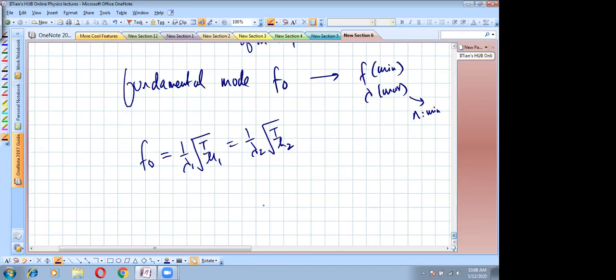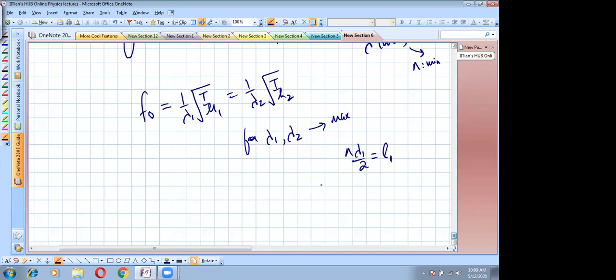For lambda 1 and lambda 2 to be at their maximum values, remember we had n times lambda 1 by 2 is equal to L1. So lambda 1 is equal to 2L1 by n. So lambda 1's maximum value is 2L1 by 5.